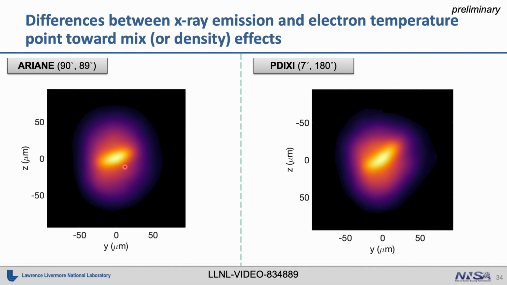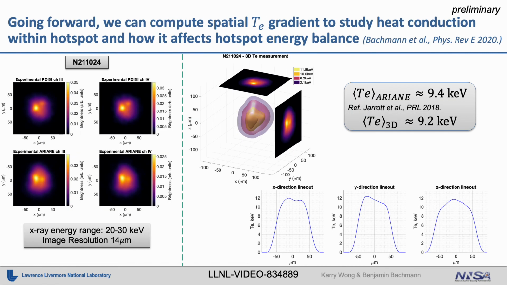The brightest X-ray emission region might or might not align spatially with the hottest region, and again that difference can help us to study in depth the mix effect and give us more information in physics.